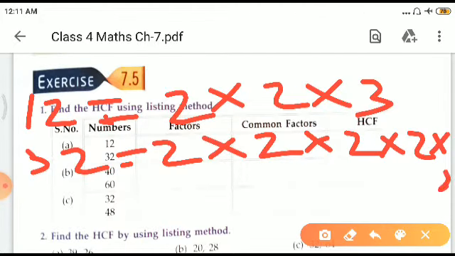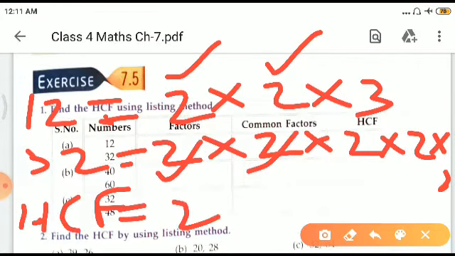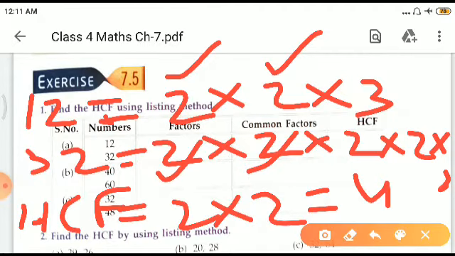So the common ones are only two 2's. So the HCF will be 2 into 2 is equal to 4. Right, children? That will be the HCF.